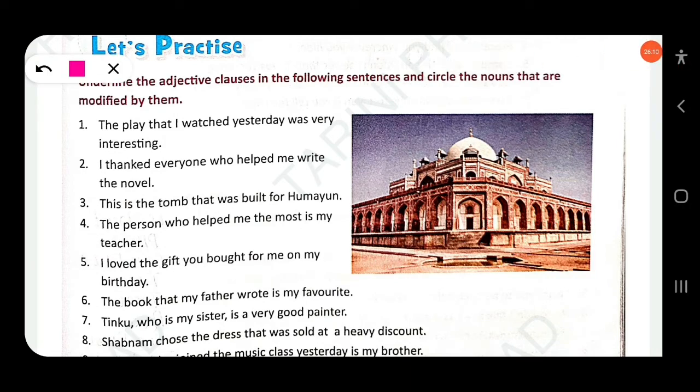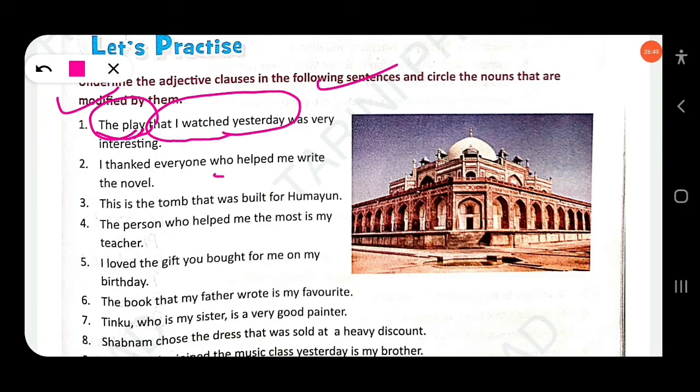The play that I watched yesterday. Here that I watched yesterday is the adjective clause, and you have to circle the noun play. I thanked everyone who helped me write the novel.